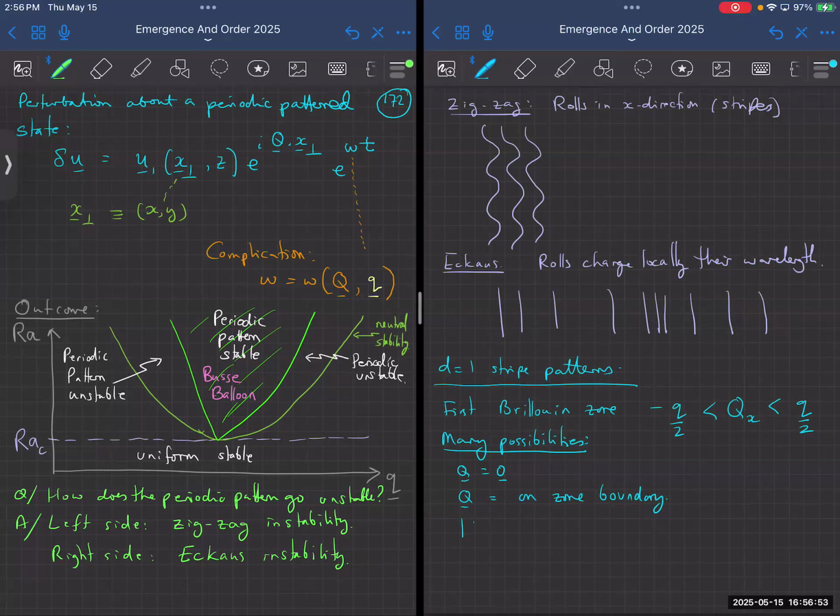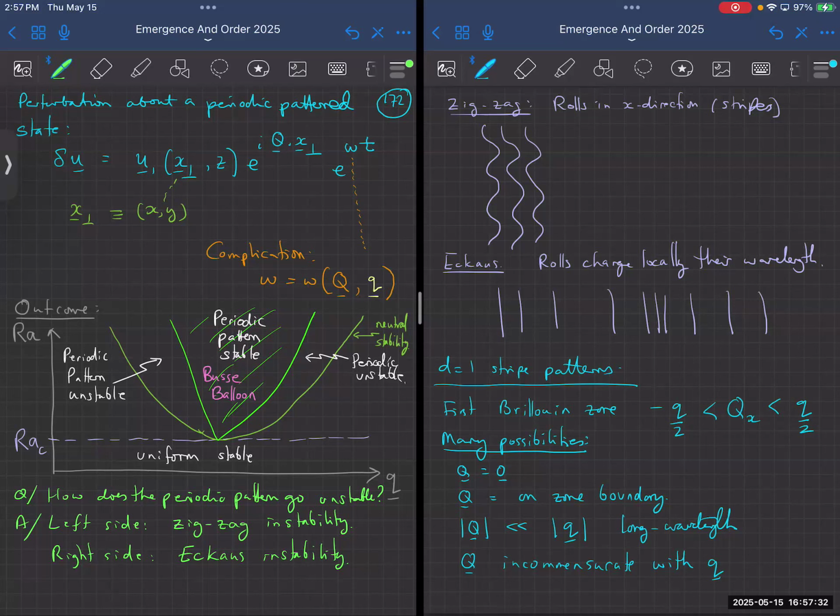You could have that the magnitude of q is much less than the magnitude of the pattern wave number, and so this is a long wavelength instability, like the Eckhaus instability. And you could have q incommensurate with little q.